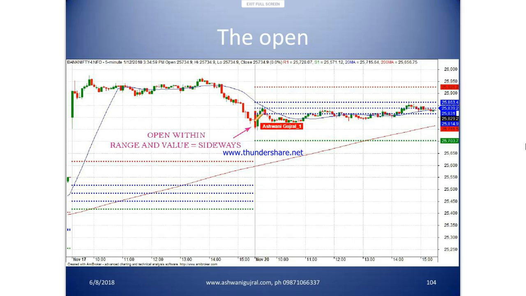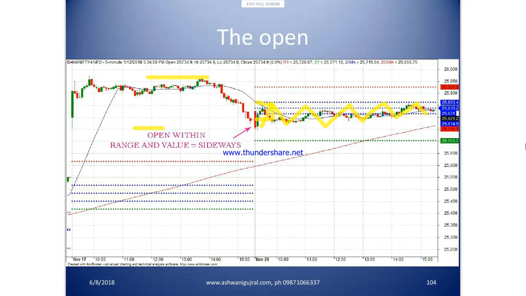Second type of open is the open is within the central pivot range and within previous day range. What does that mean? That the market is likely to trade sideways, and it may not even touch S1 or R1, but there will be very limited opportunity.